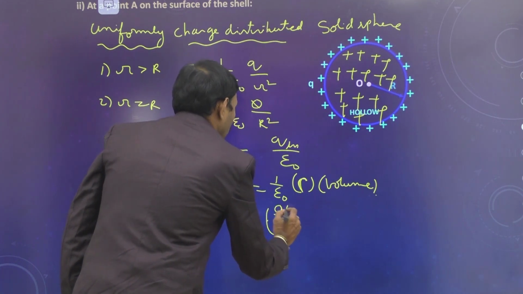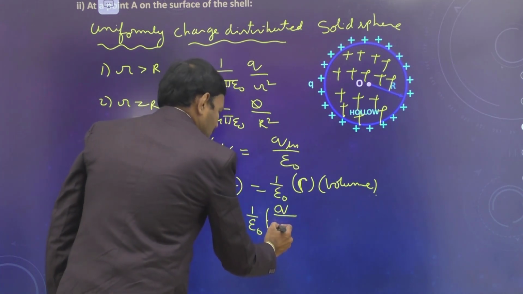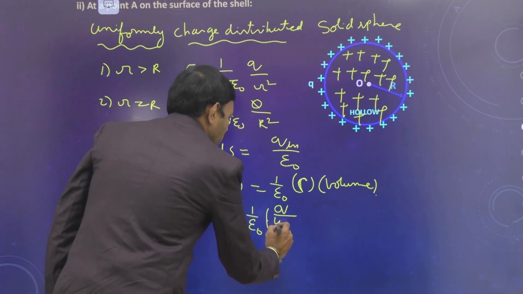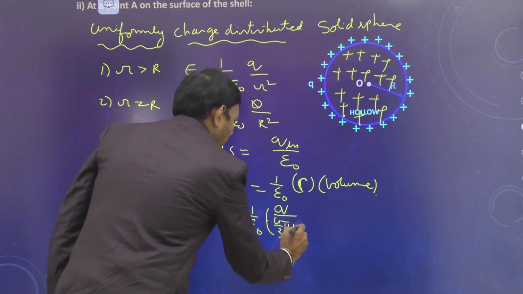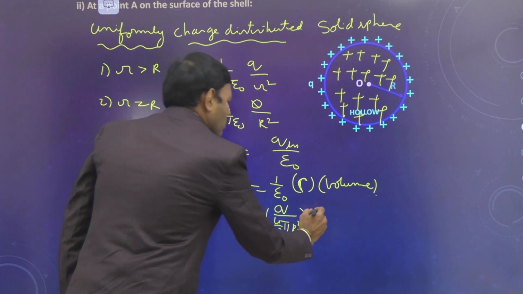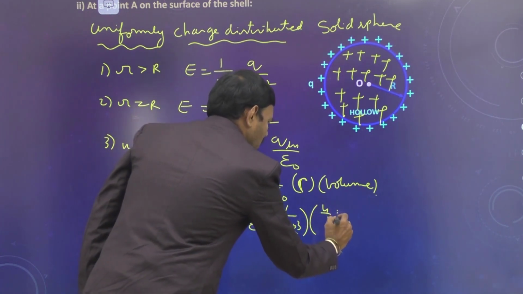That is Q by, let Q be the total charge, by volume, 4/3 pi R cube, into the volume of the Gaussian surface, 4/3 pi small r cube.